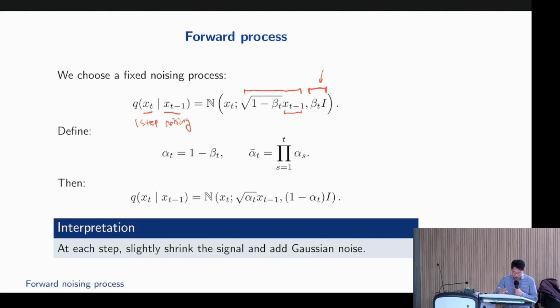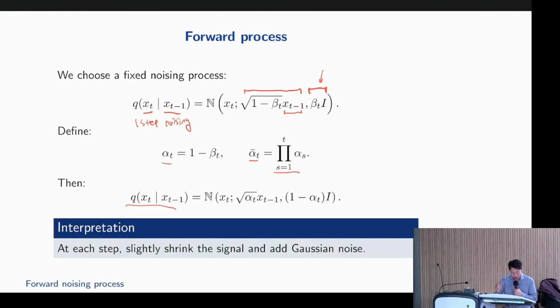And some notations for us to define. Alpha t is 1 minus beta t. And alpha t bar is multiplying all the previous alphas. Just some notation. Okay, so this is just rewriting using the notations above, using alphas.